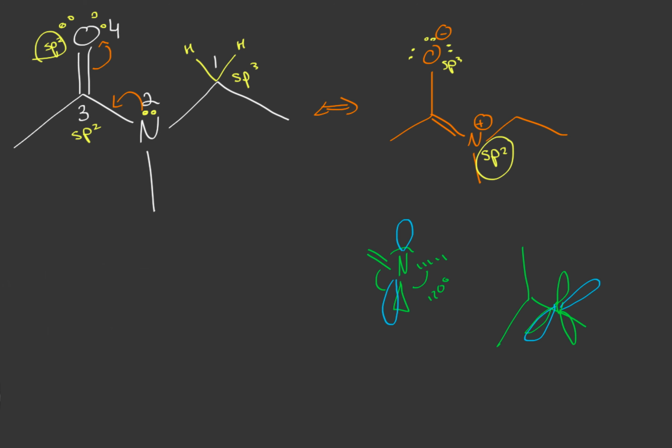Therefore, if we were going to actually ask what the bond angle was between the lone pair and that trigonal planar in sp2, so this lone pair, nitrogen, and that bond, if we were to ask what that angle was, it'd actually be 90 degrees because the p orbital is perpendicular to that trigonal planar plane.